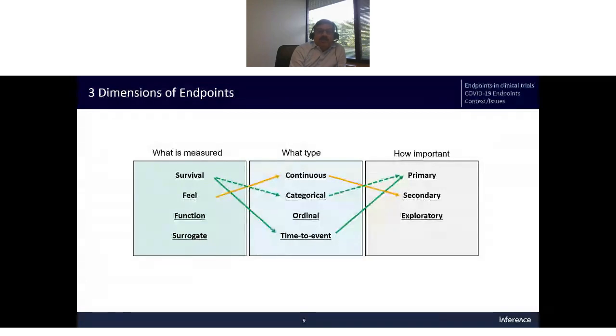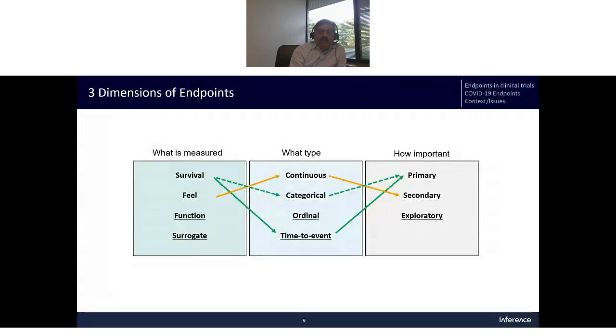But I think the point here is that you can choose an endpoint. Let's say we choose survival, right? Then there are two choices. Do we look at survival as a categorical, as a binary thing, like proportion of people dead, a proportion of people alive, or we look at when do they die, time to event, right? Do they survive for 5 months?